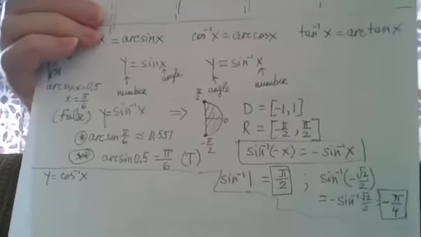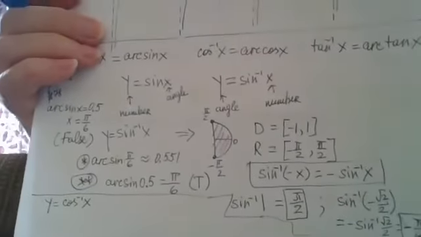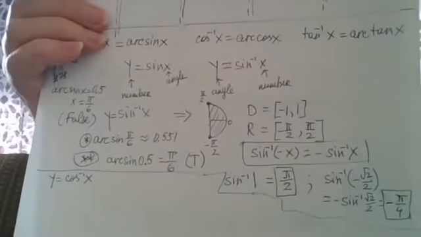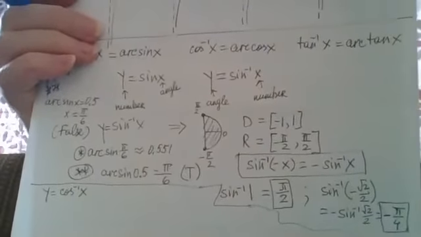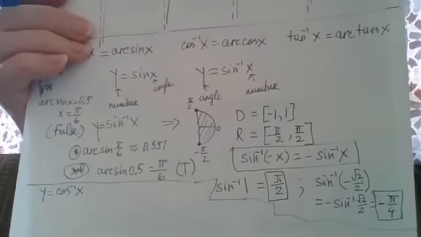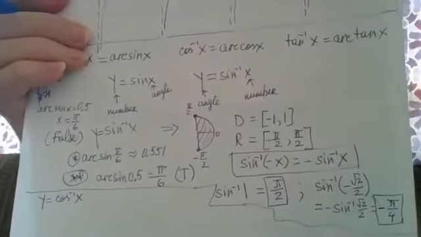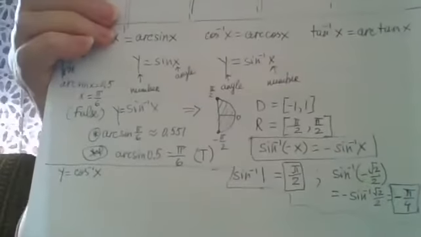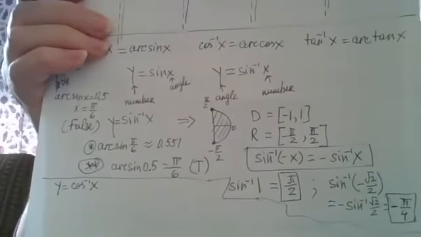Here x, which is the independent variable, represents numbers, and these numbers should be between -1 and +1, including -1 and +1. Y here represents a main angle, which we use like a reference angle for many occasions.